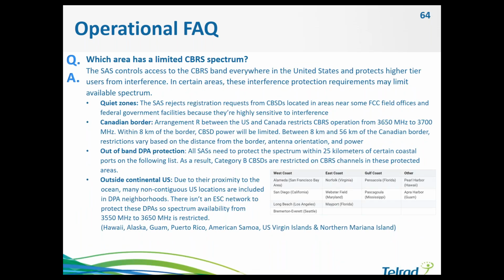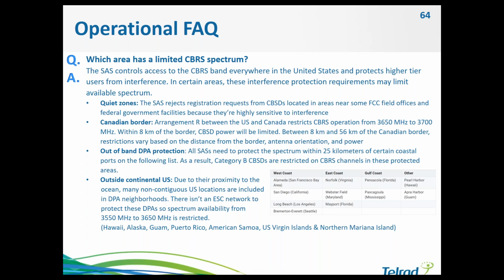You can find on the web some specific areas in the United States that have some protection. As I mentioned, there is protection on the coast. There is protection on the Canada border with some rules that you can read. There are some really quiet zones that reject any registration.